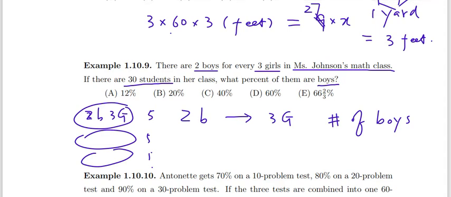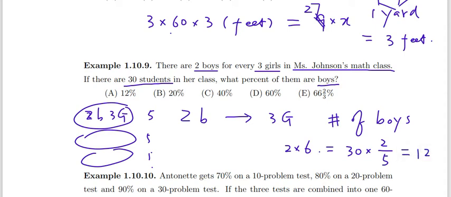So 2 times 6. Or we can say this equals 30 multiplied by 2 over 5, which equals 12. So we have 12 boys.